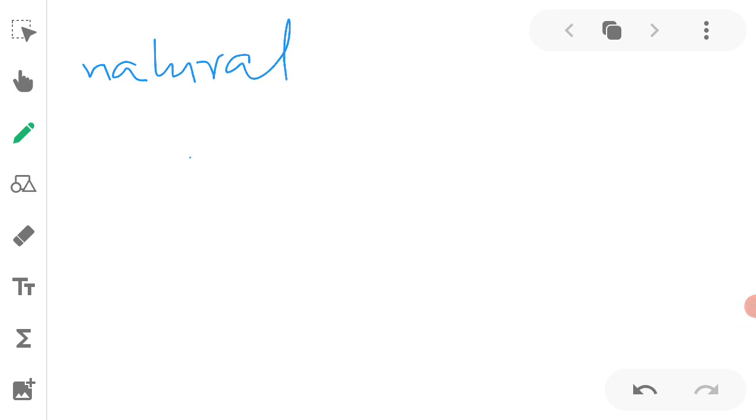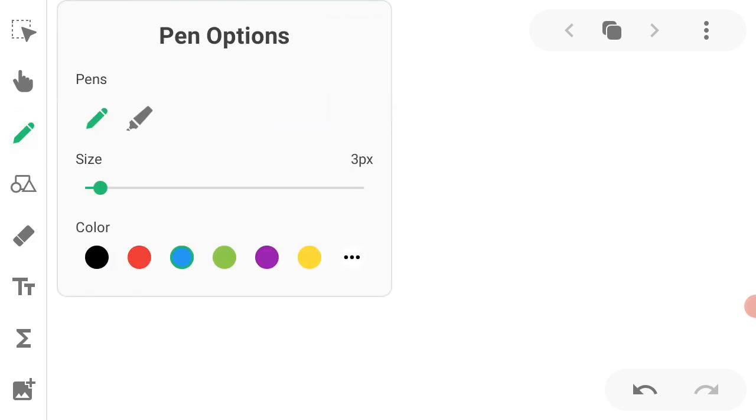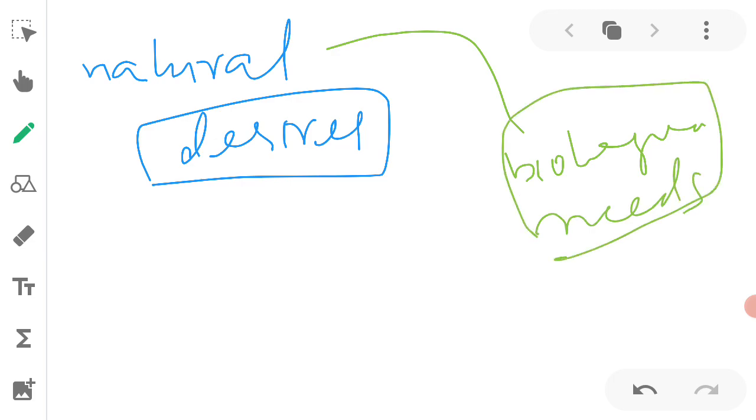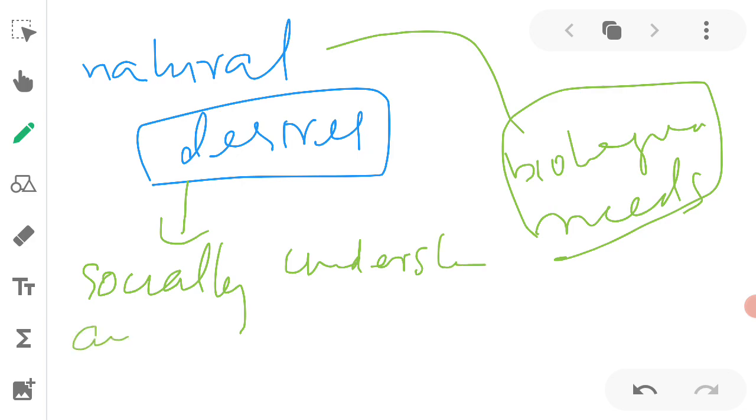Obviously, there are some absolute needs, without which we won't exist as biological entities if we don't fulfill them. But beyond those needs, any natural desires are socially understood and socially valued.